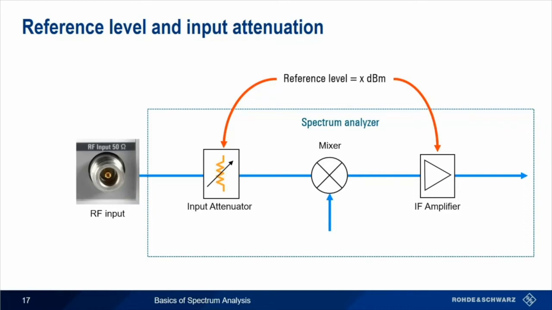This is a really important thing to keep in mind, because it can drastically affect the measurements. Not only that, if you input too big of a signal into the front end of the spectrum analyzer, you can end up damaging it. But even outside of that, if you don't have the reference level set correctly, we can end up with results that are inaccurate.